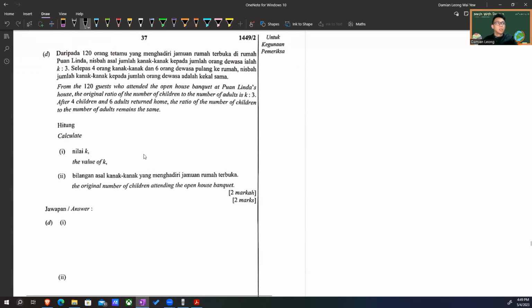Then part D. From the 120 guests who attended open house banquet, the original ratio of children to adults is K to 3. After 4 children and 6 adults return home, ratio remains the same.